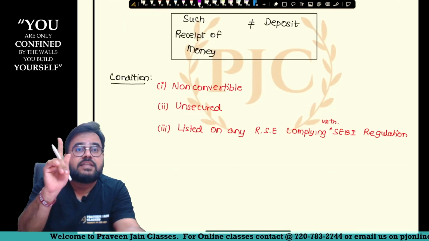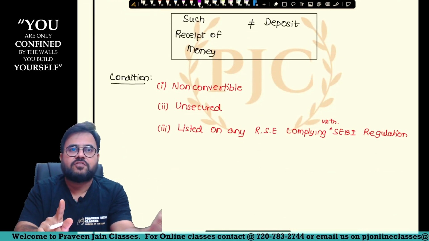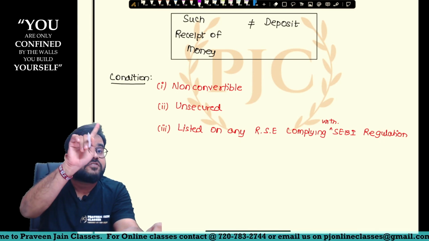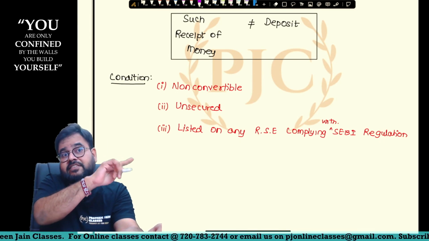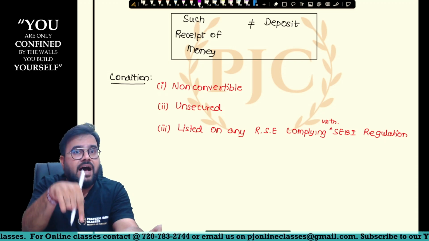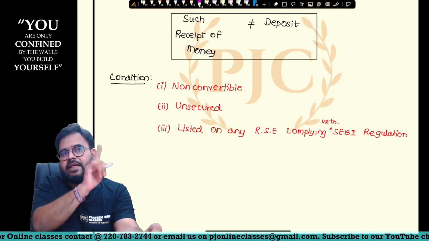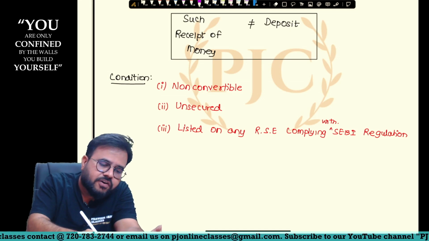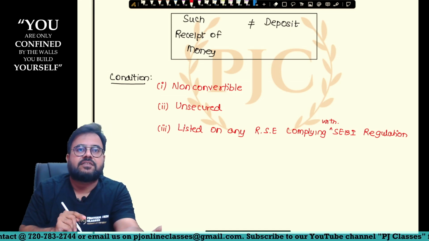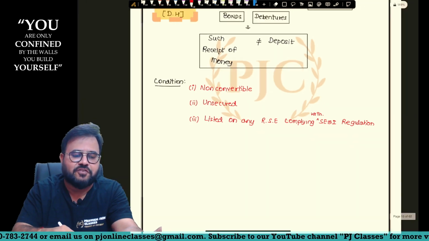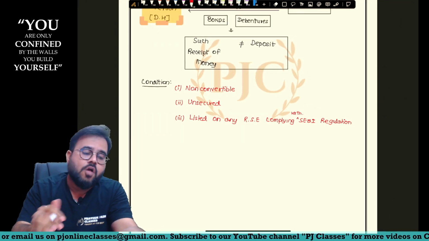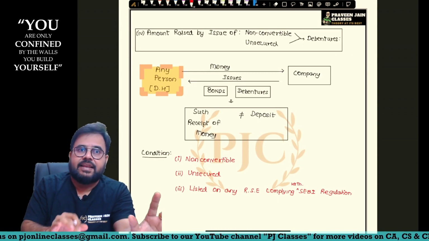But first, that debenture should be non-convertible. In our case also, it is non-convertible. Second, the debenture should be unsecured, but in our case, a charge was created. And third, it should be listed. There also it is listed. So what we have observed is that condition 1 and condition 3 are satisfied. Condition 2 is not satisfied, sir. Hence, it is a deposit, sir. It did not fall in this category, sir.